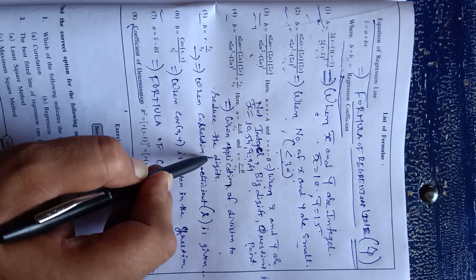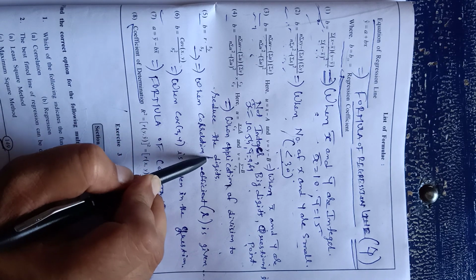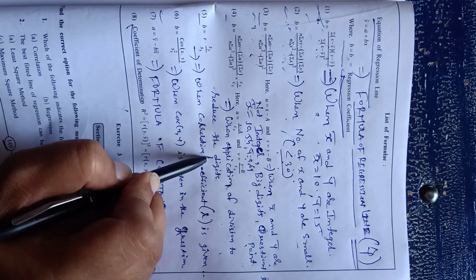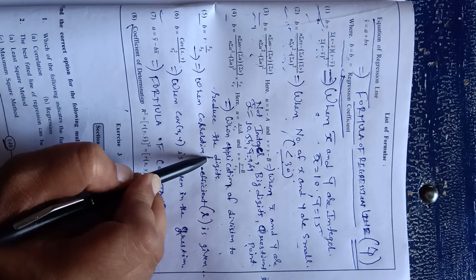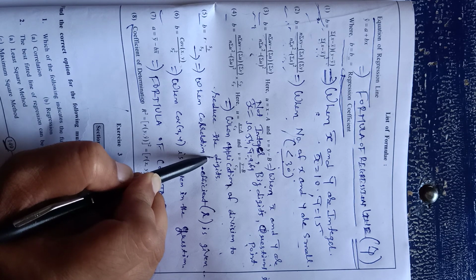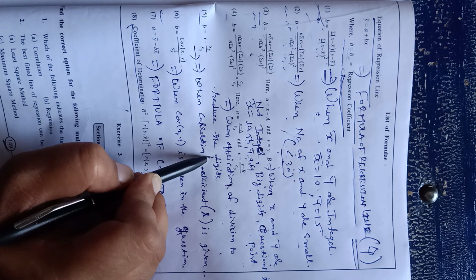It means when we have one common divisor for all the digits, like if all the values of x are divisible by 5, then we divide all the digits by 5. If all the digits are divisible by 2, then we can divide all the digits by 2. Our purpose is that our digits become small.